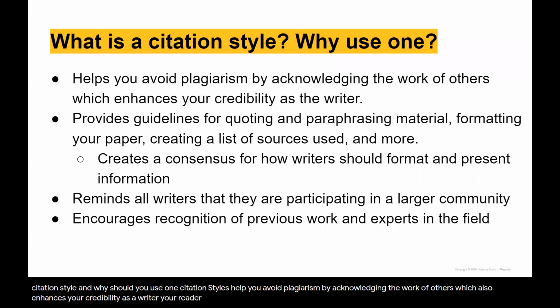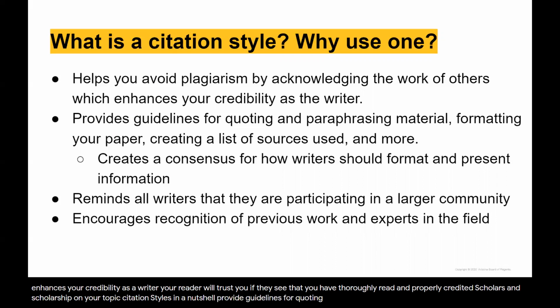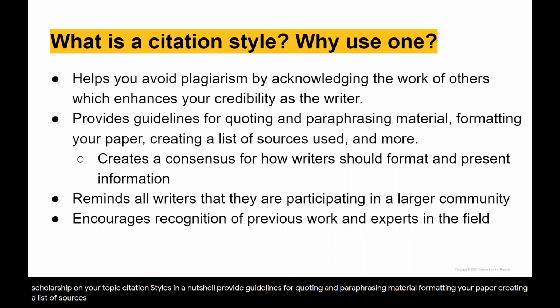Your reader will trust you if they see that you have thoroughly read and properly credited scholars and scholarship on your topic. Citation styles, in a nutshell, provide guidelines for quoting and paraphrasing material, formatting your paper, creating a list of sources used, and more.